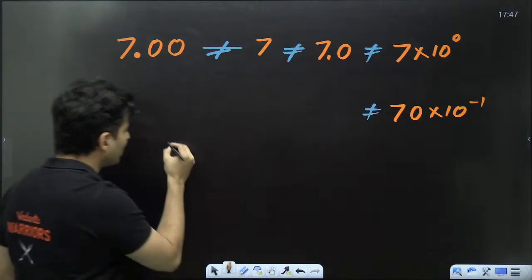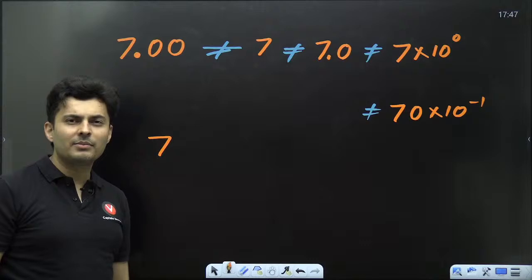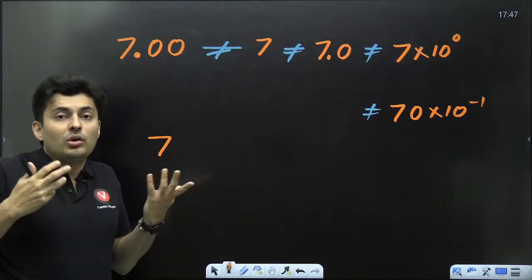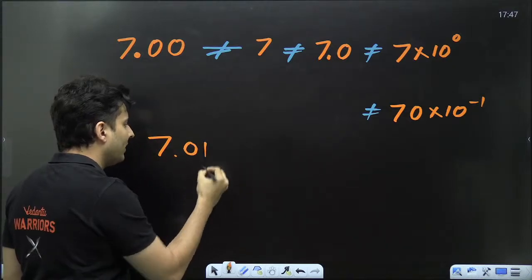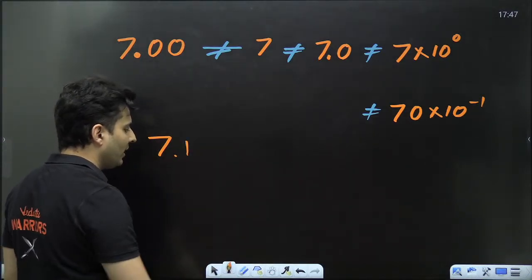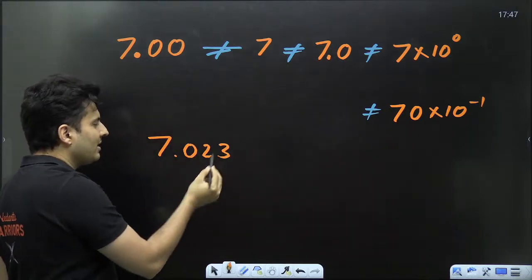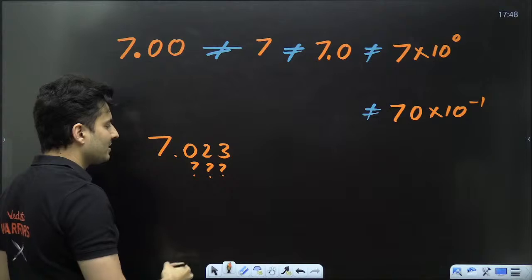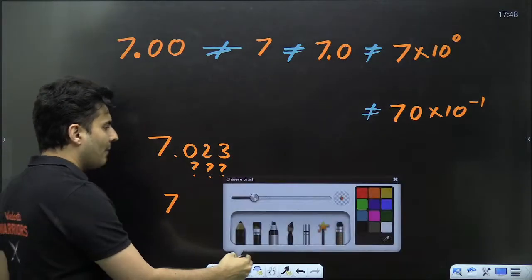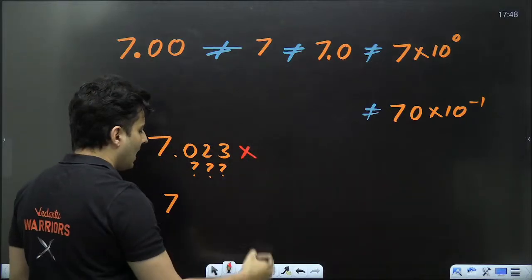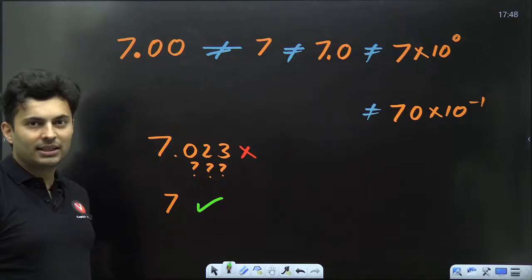When I just write 7, and I'm not putting a decimal, that means I do not know whether it is 7.01 or 7.1 or 7.023. I'm not really sure about these. That's the reason why I'm just putting it as 7. I am sticking to this 7 because I'm not sure what comes after the decimal.